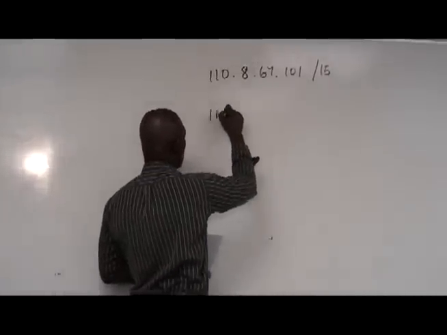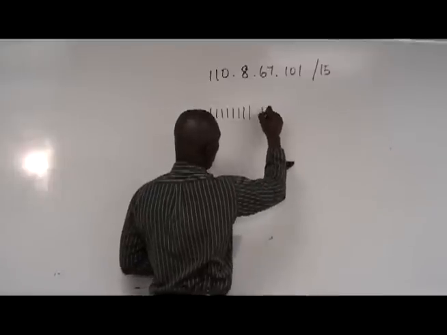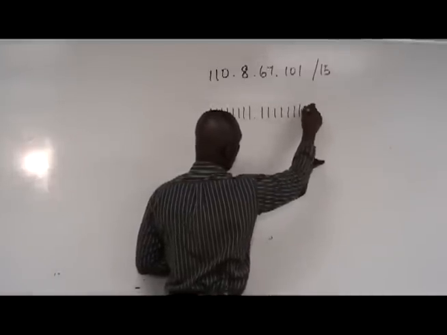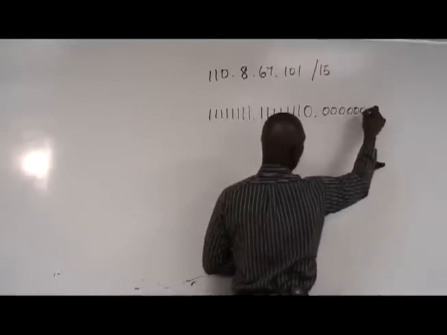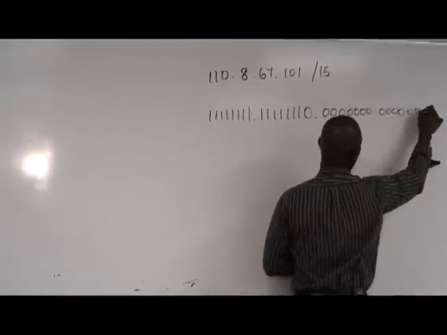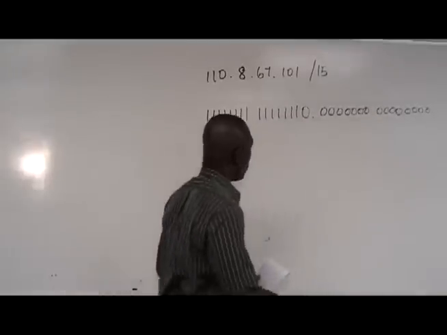So we have 1, 2, 3, 4, 5, 6, 7, 8. Right? 1, 2, 3, 4, 5, 6, 7. This is off. And the rest? So we have 1, 2, 3, 4, 5, 6, 7, 8. Fine. That is off.